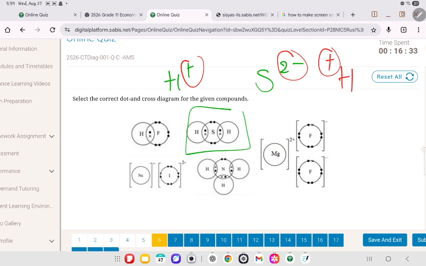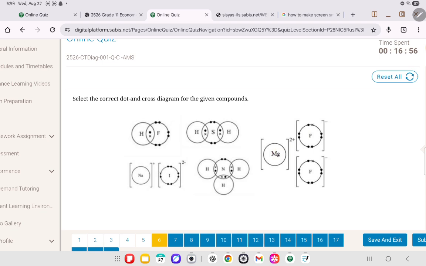Each hydrogen is taking one electron from the sulfur. There's only one sulfur, so the sulfur is sharing both of its electrons, and each hydrogen is sharing their single electron, and together they have 2 electrons in the shared space.